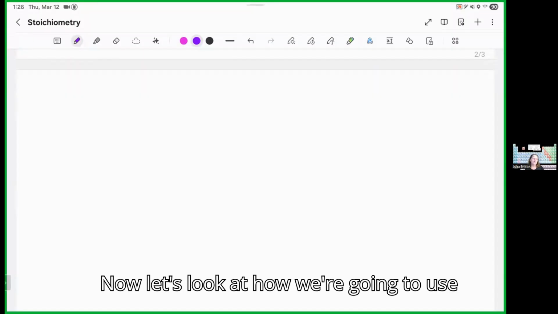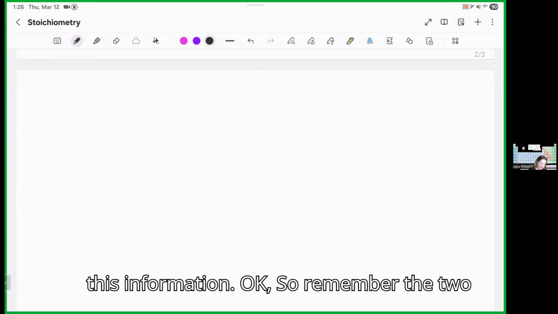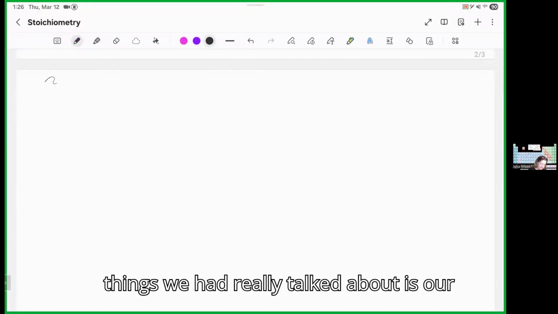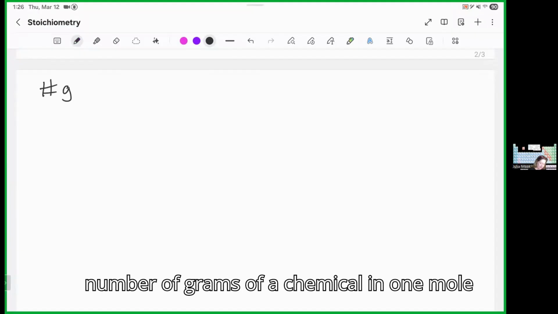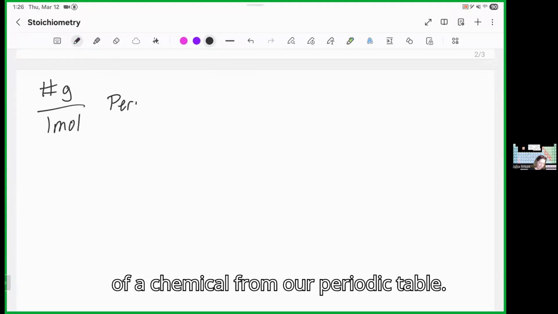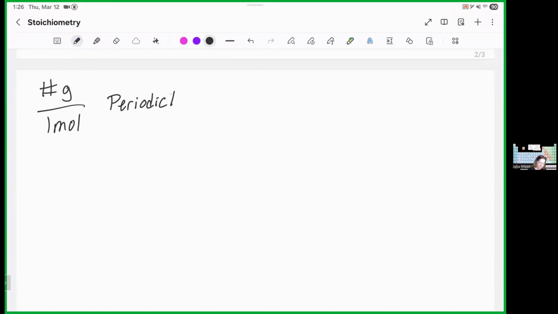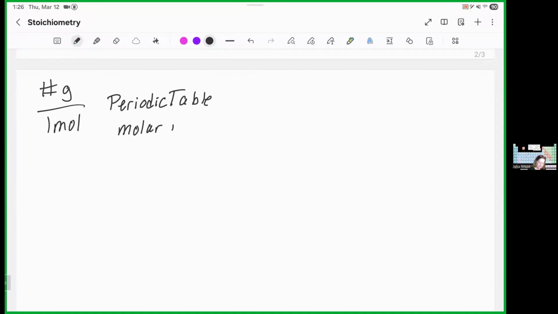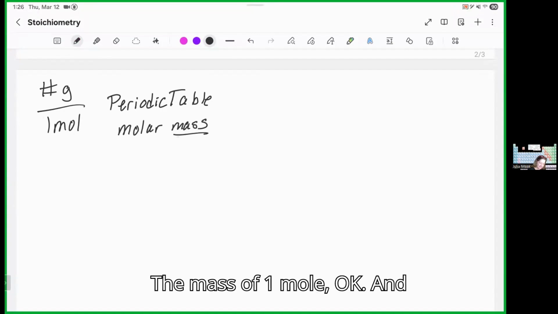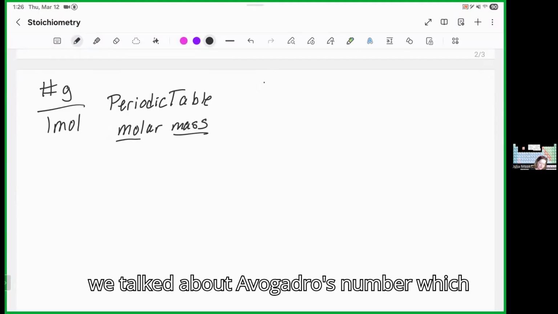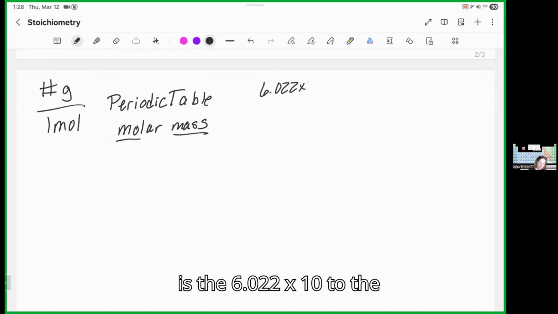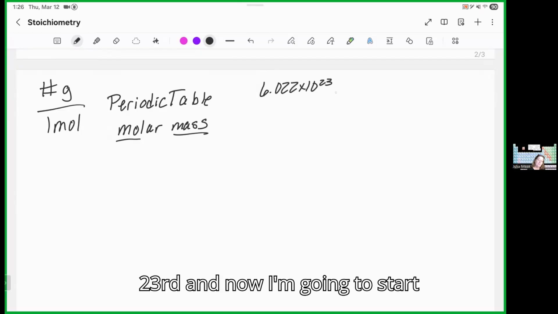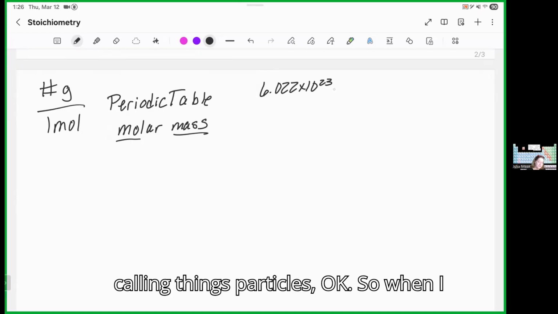Now let's look at how we're going to use this information. Remember, the two things we had really talked about are our number of grams of a chemical and 1 mole of a chemical from our periodic table, and that is your molar mass, the mass of 1 mole. And we talked about Avogadro's number, which is the 6.022 times 10 to the 23rd. And now I'm going to start calling things particles.